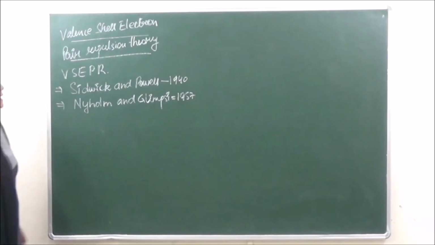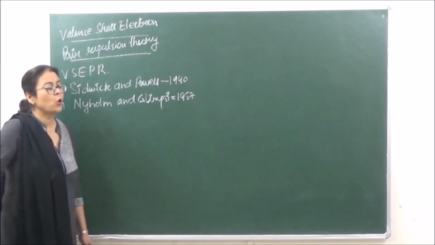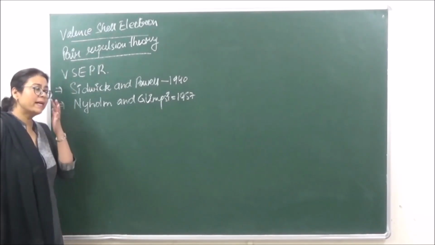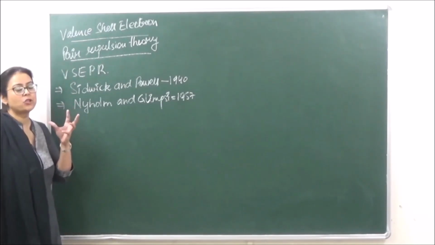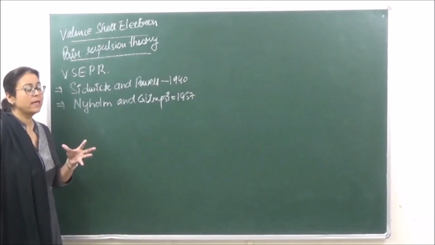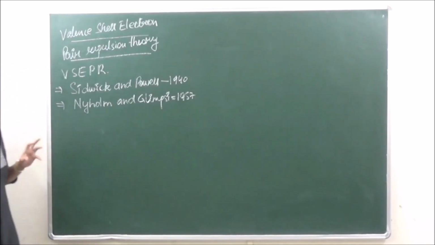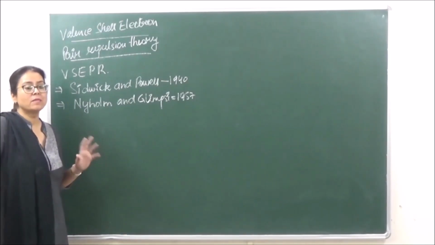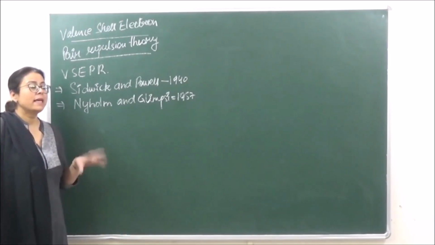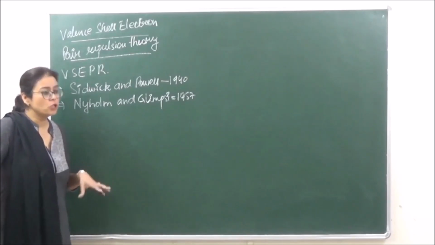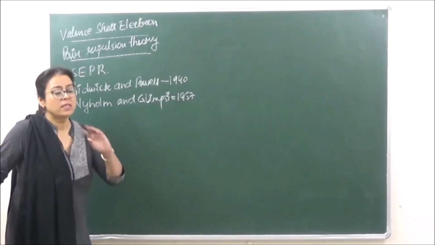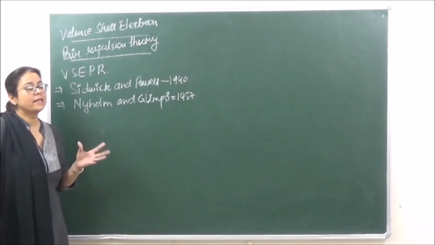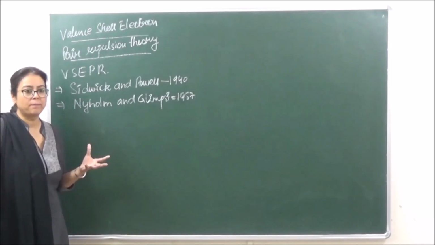It is said that whenever a covalent molecule is present which has two or more than two atoms attached to the central atom, then the direction or the position of the surrounding atoms is so adjusted that there is minimum repulsion between them, right?